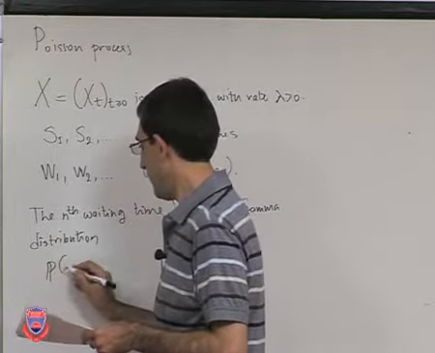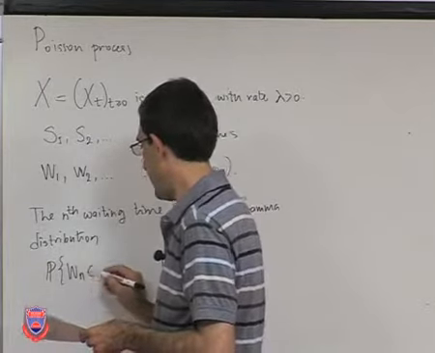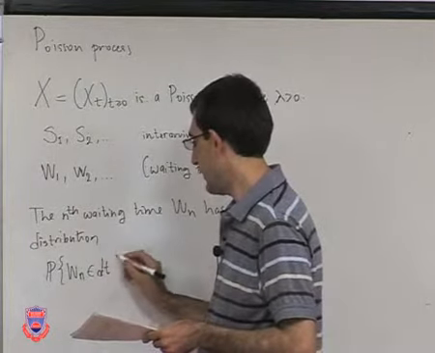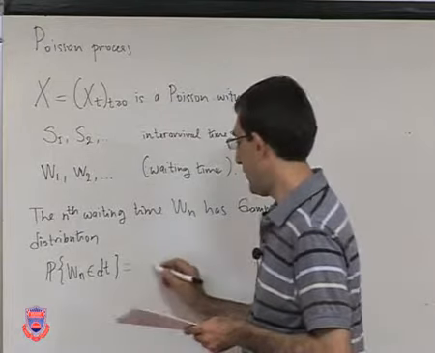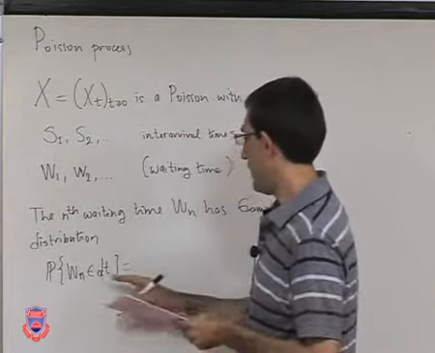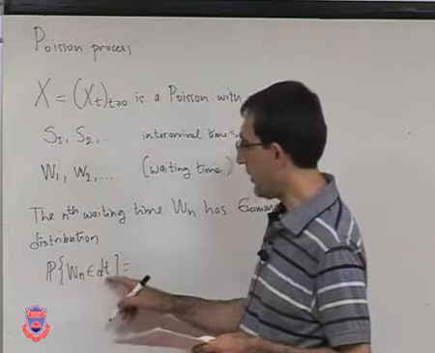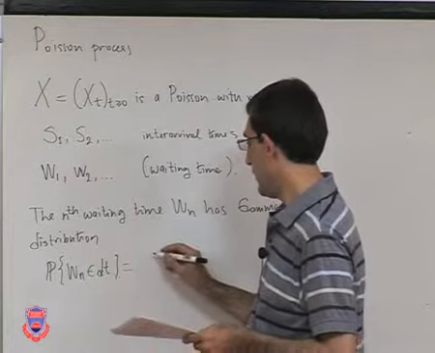And we write that Wn, the nth event time, is somewhere near time t with probability what? So just before time t for this event to happen, we must have n minus 1 arrivals.